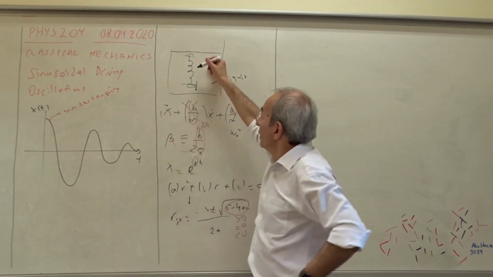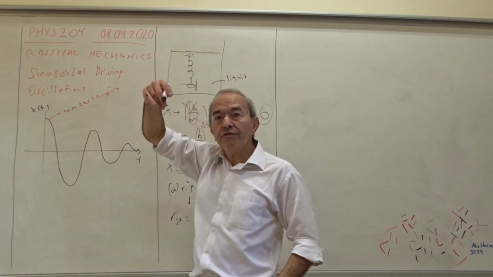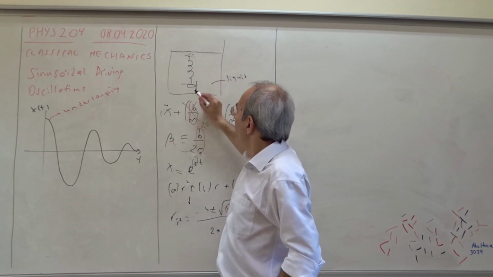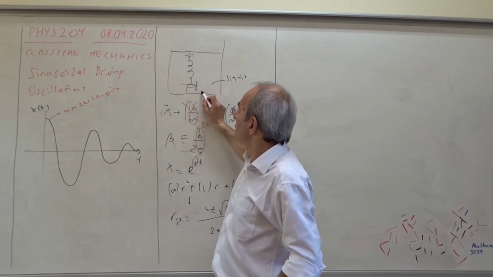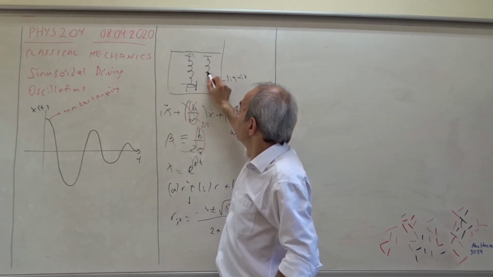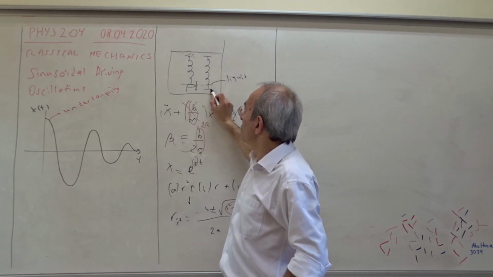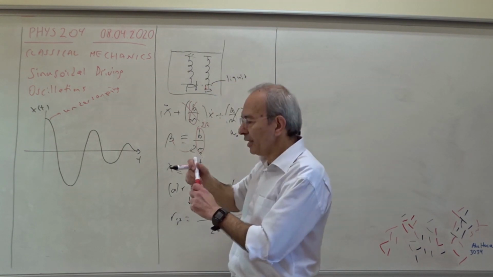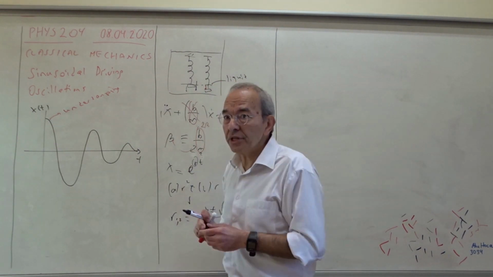For example, if you put this system in a very viscous medium such as oil, water, etc., in a liquid, and you stretch it to some position with respect to the equilibrium, this much for instance, and leave it, it doesn't generally make oscillations.